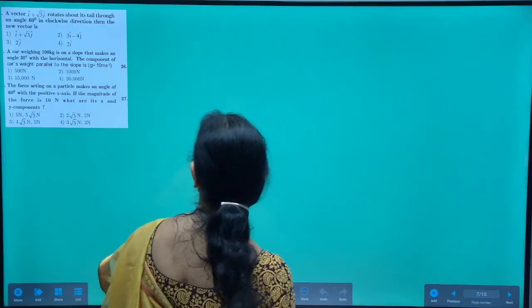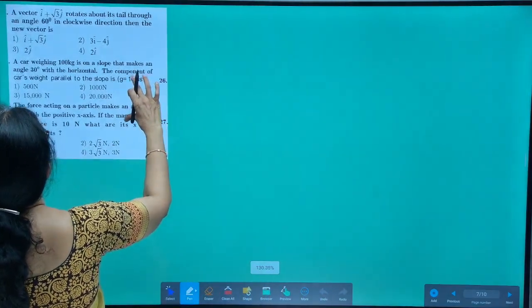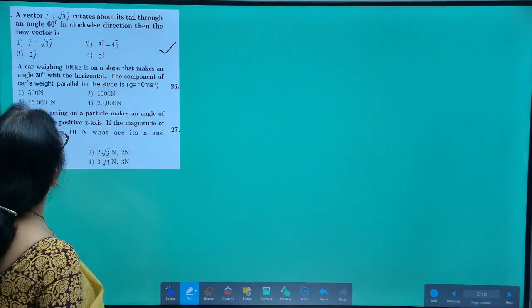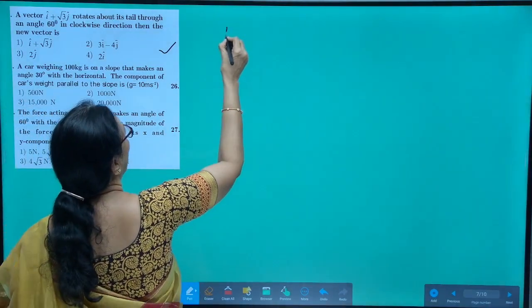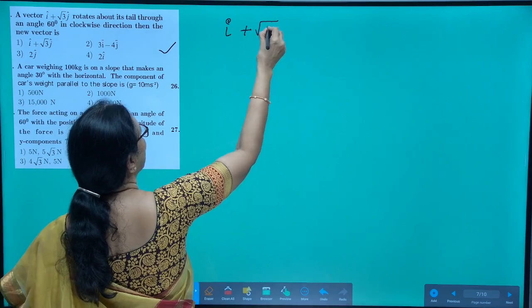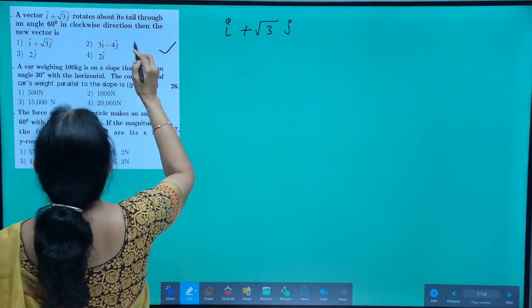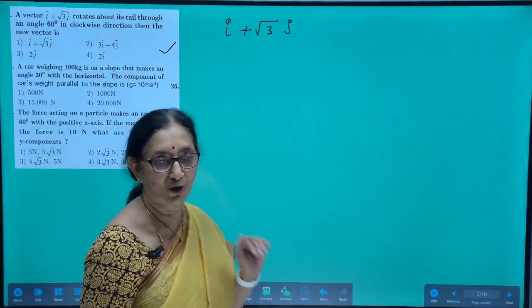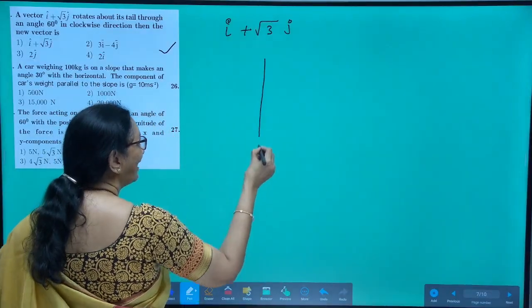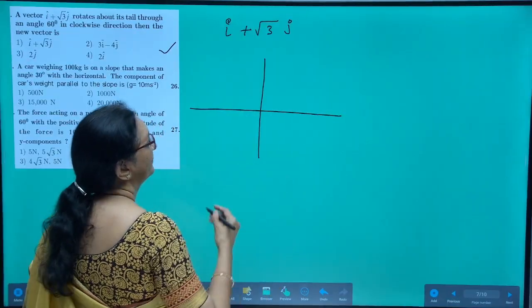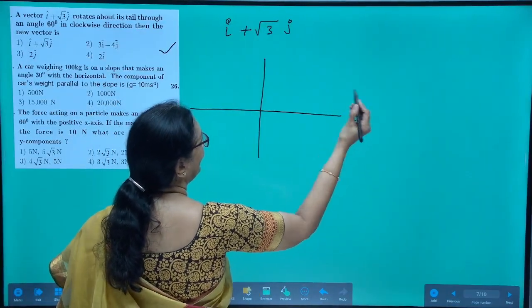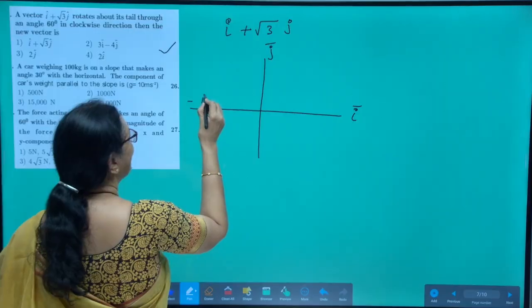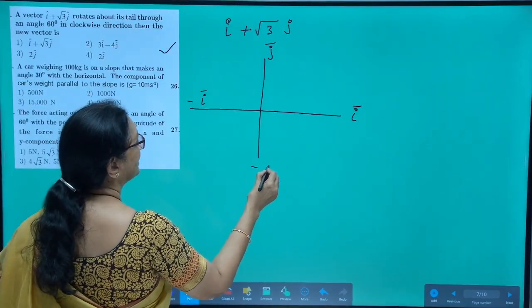Now let us go to this problem. Look here, a vector i bar plus root 3 j bar rotates about its tail through an angle 60 degrees clockwise. So here we have to understand the question properly. This is i bar, this is j bar conventionally, this is minus i bar and this is minus j bar.